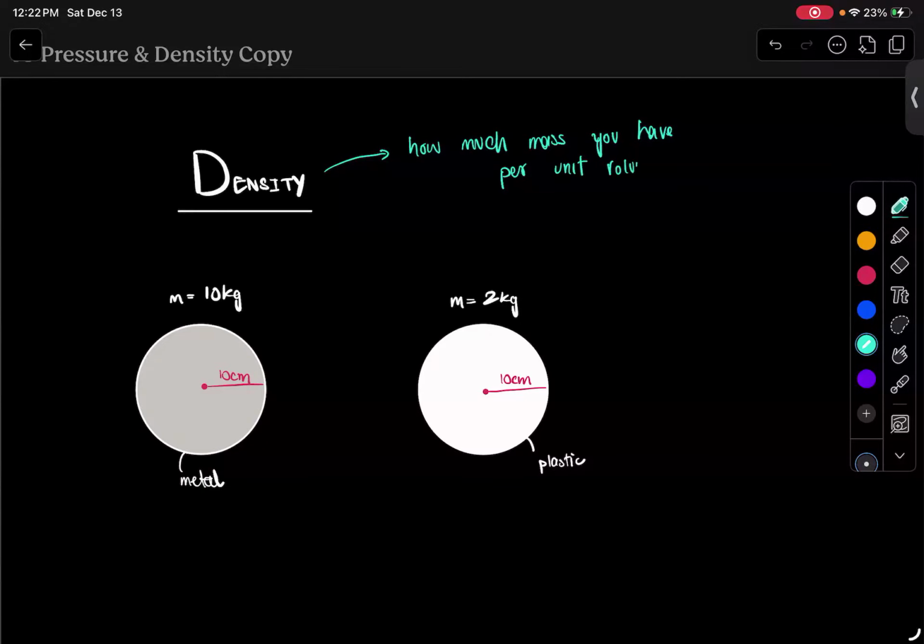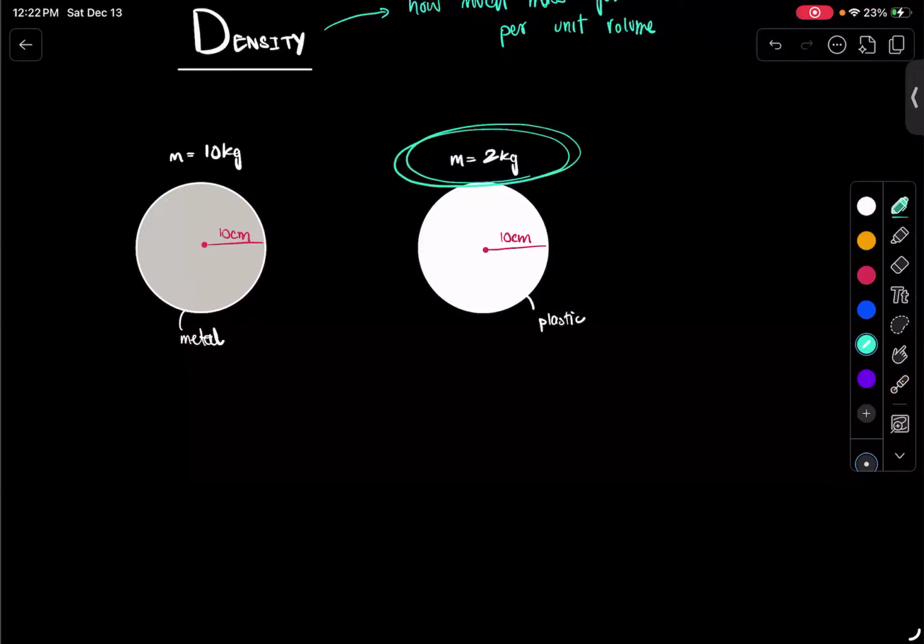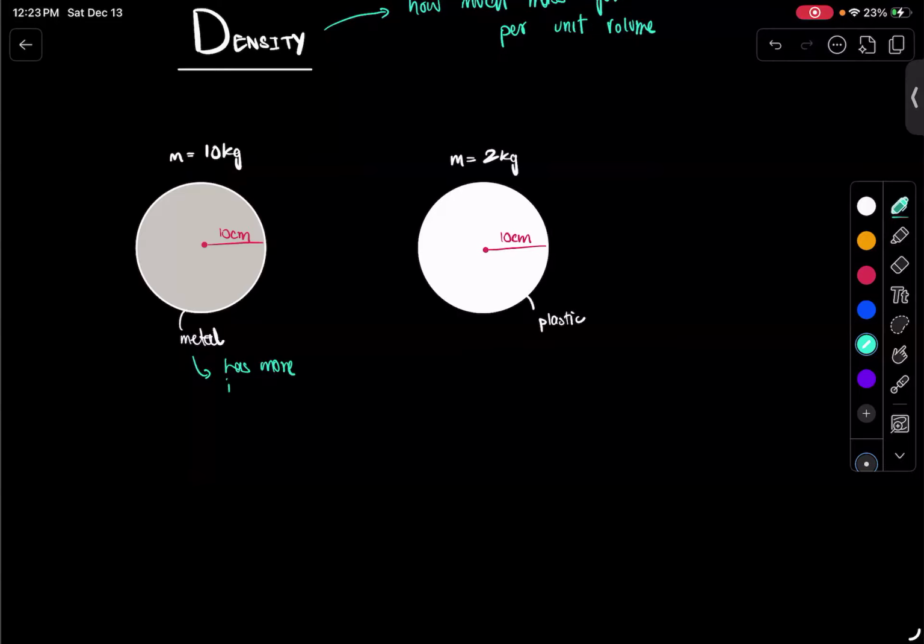For example, if you have a metal ball which has a radius of 10 centimeters and a plastic ball of exactly the same size, but the plastic ball weighs 2 kgs and the metal ball weighs 10 kgs, do you see that the metal ball is more dense? Why? Because the metal ball has more mass in the same volume. That's basically what density is.